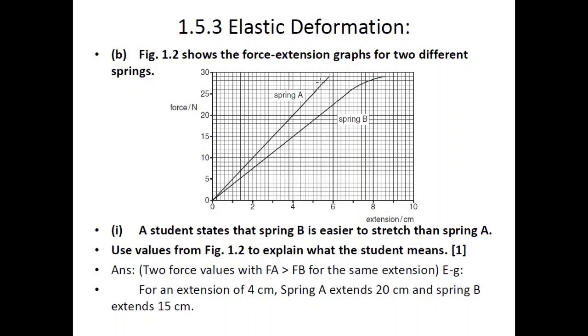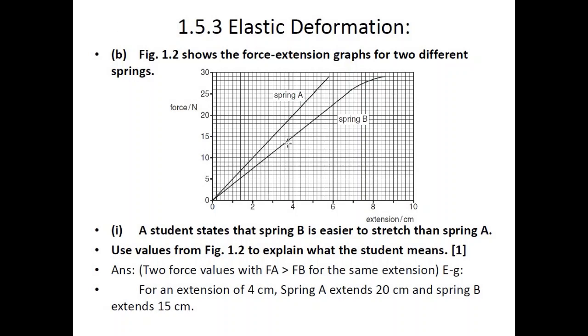Spring A has a steeper line, and for a force of, let's say, 10 Newton, spring A was stretched 2 centimeters, whereas spring B was stretched more than 2 centimeters.